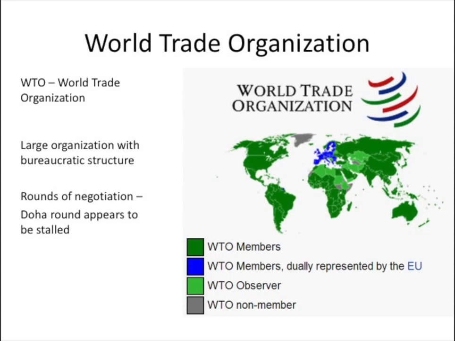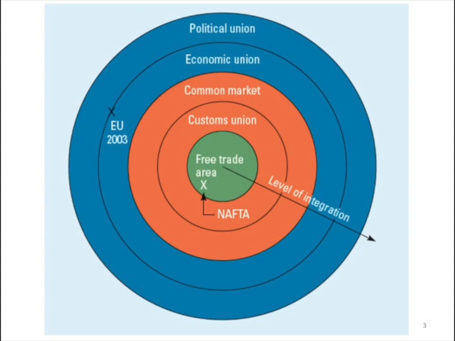WTO is a large organization with bureaucratic structure, and there's rounds of negotiations going on, and all of those are meant to liberalize trade across the world. In addition to the WTO, various areas in the world try for tighter integration.